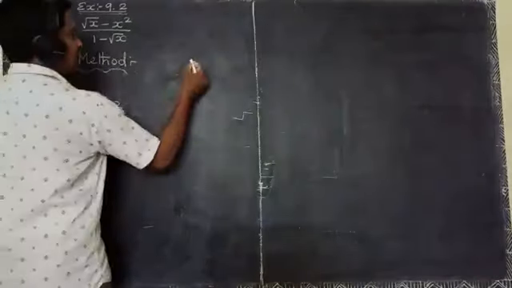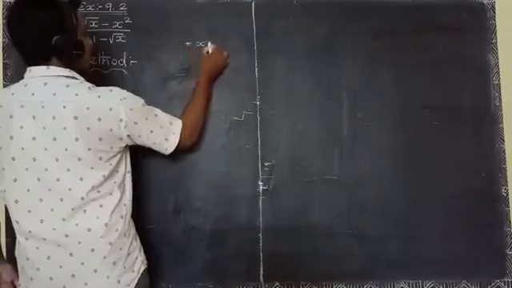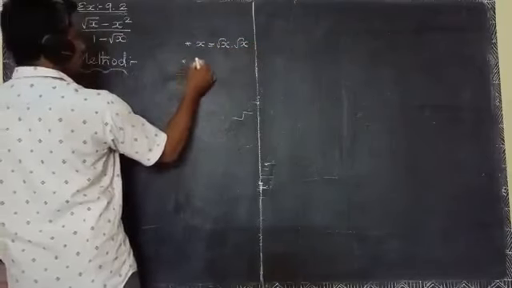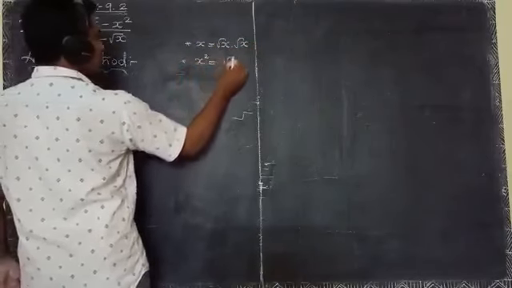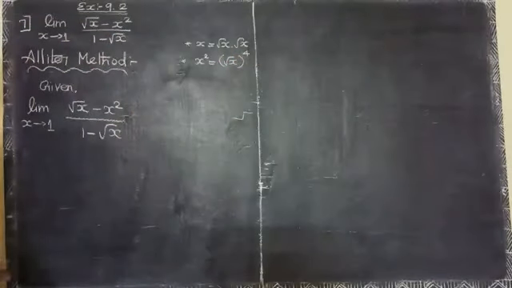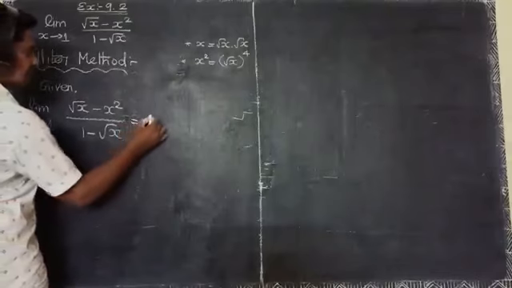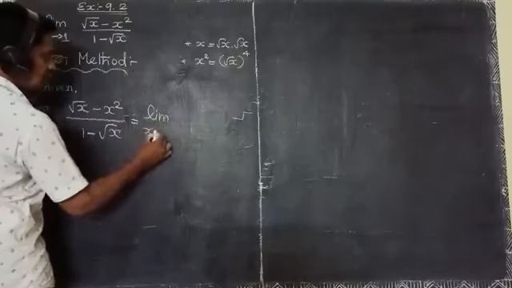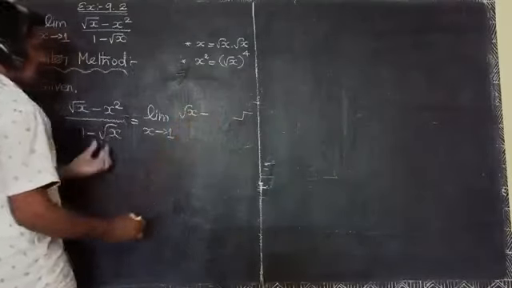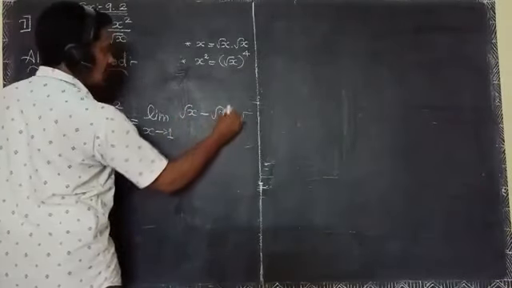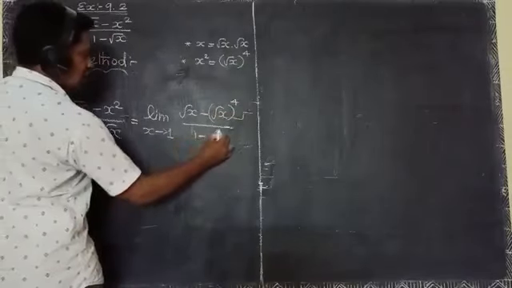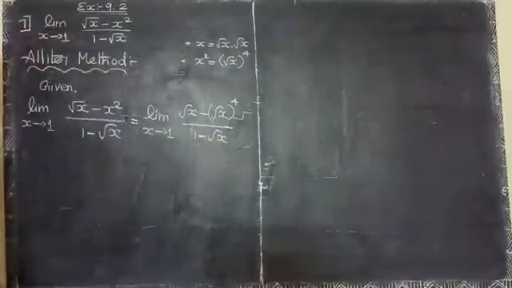We know that x can be written as root x into root x, and x square is equal to root x whole power 4. The given function can be written as limit x approaches 1, (root x minus root x whole power 4) divided by (1 minus root x).